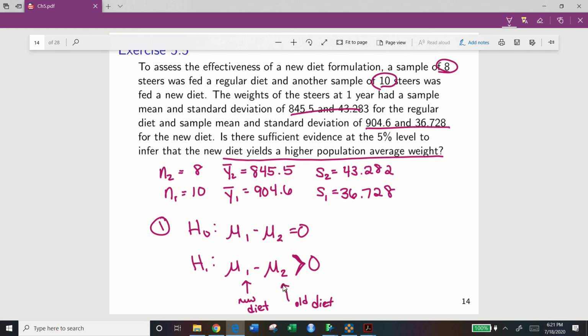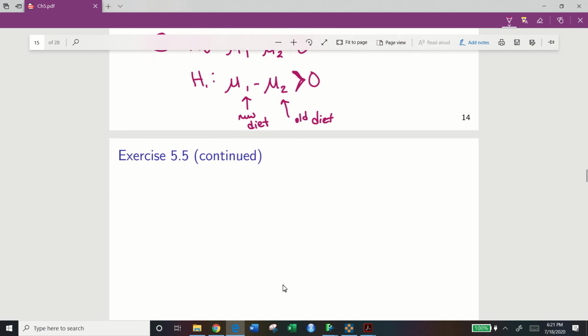Now that we've established our hypothesis, we can begin calculating our test statistic.